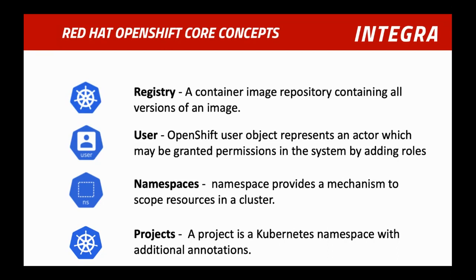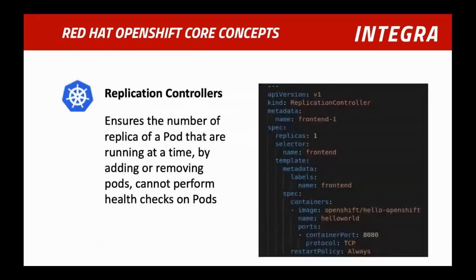OpenShift takes that namespace idea and applies some additional annotations on top of namespaces and calls them projects. Normally, you don't directly create namespaces in OpenShift. You create projects, and namespaces are automatically created at the backend. The project manages your namespaces in a way.